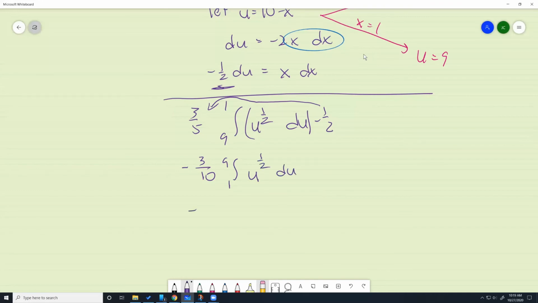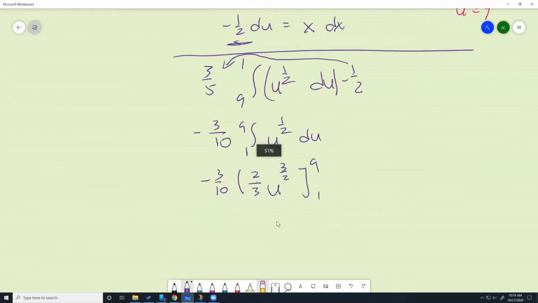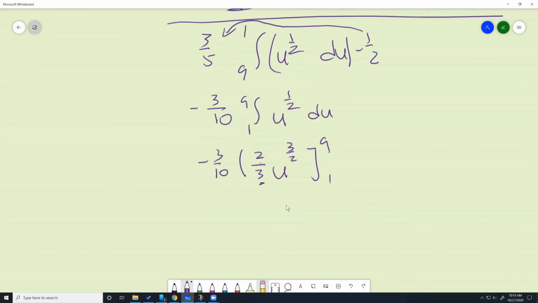Okay, so we're going to find the integral. Okay, raise the power. Coefficient should be 2/3, no coefficient in front. I'm also going to factor this out and end up getting negative 1/5, looks like.